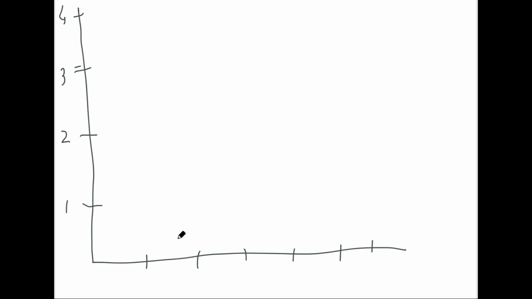Well, after 5,000 years, half of it would be gone. So at time equals 0, it would be at 4. Now, after 5,000 years, half of it would be gone, or right here.